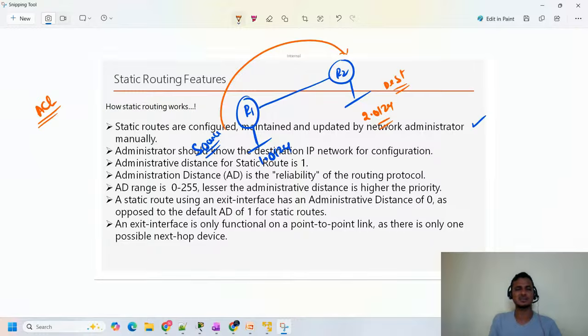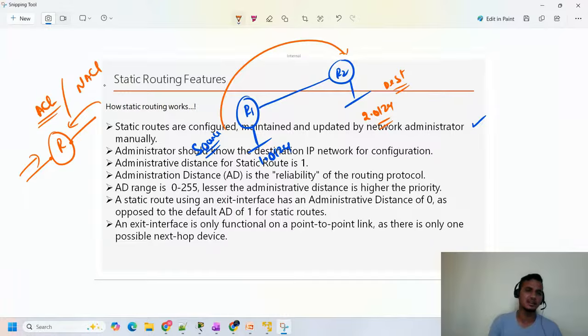We have standard ACLs and extended ACLs, and they are again classified into different types, like numbered ACL and named ACL. Whatever ACL you configure, the direction is very important: which is in, which is out, how the traffic is coming, whether it is heading towards the interface or passing from the interface. Even the cloud guys, in cloud you learn what ACL means: NACL, network access list. Both work the same way.